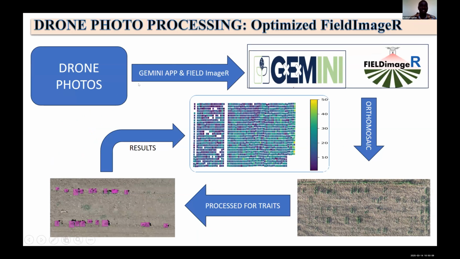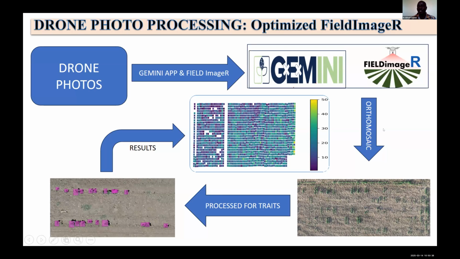So in terms of the workflow, we load a mission. The mission means we load the reference field where we want to fly this drone. And then the project itself has developed a particular application that helps to process those images, which we call FieldImageR.